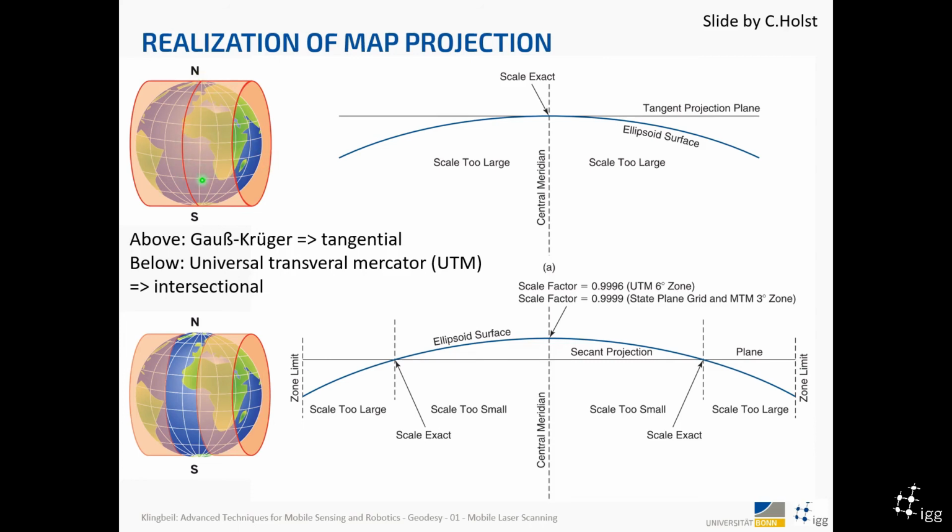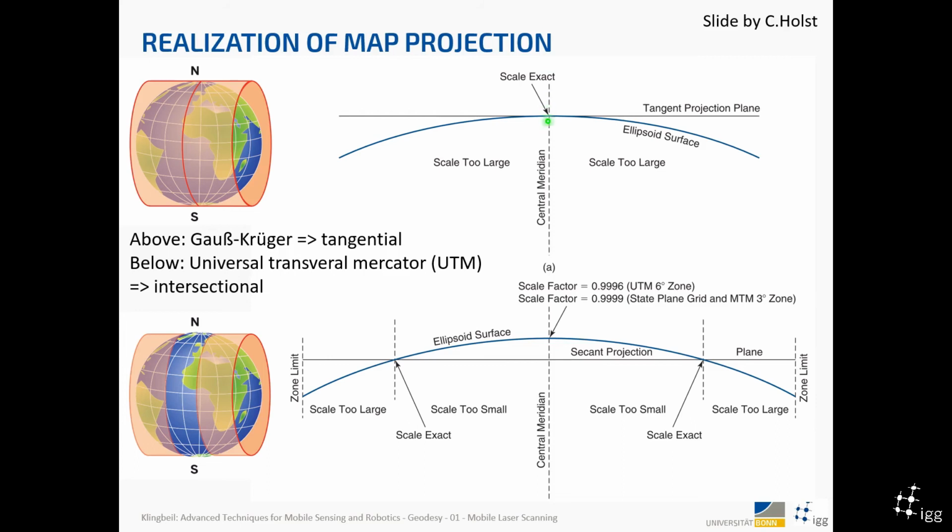And then you have a stripe, and this stripe gives you basically a sort of 2D map of the system. So all the points on the Earth's surface are projected to that tangential cylinder, and this creates a map.